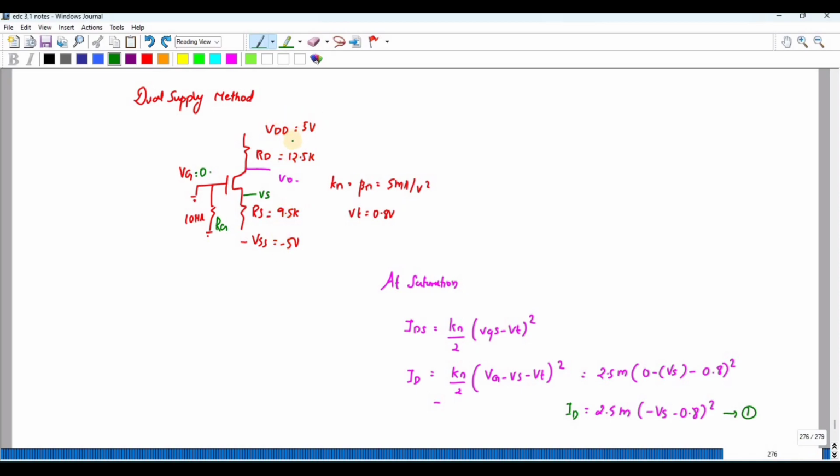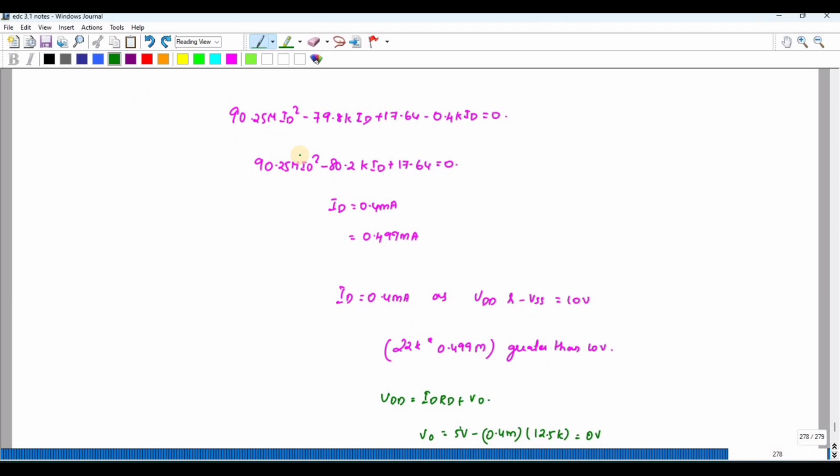If I add these two resistances, I will get 22k, and if I substitute 22k times the current 0.499, I will get a voltage that is greater than 10 volt. So it is not at all possible, because the maximum voltage is 10 volt. So I am taking 0.4 milliamps as my ID value.